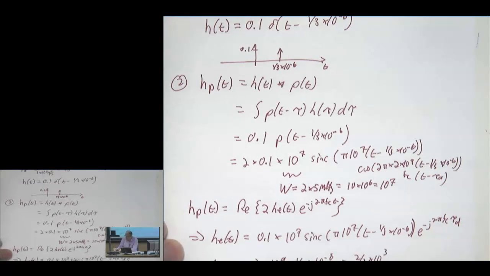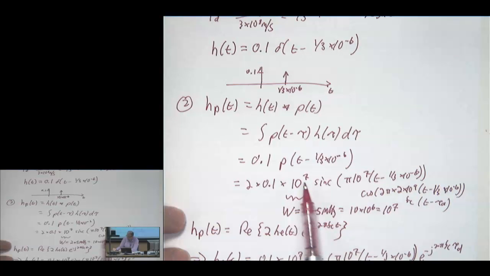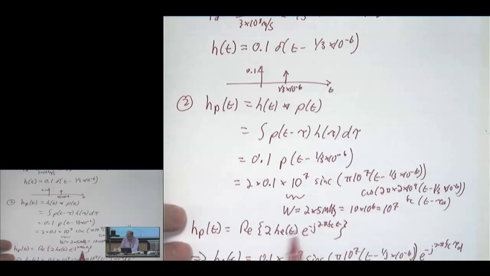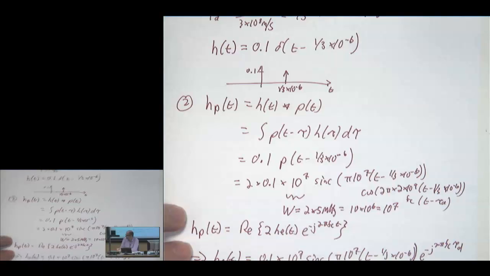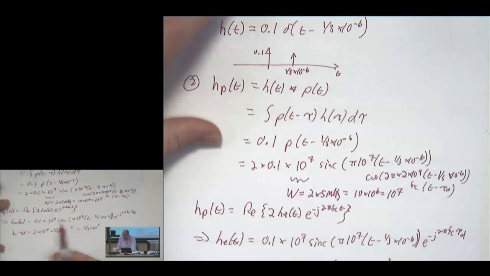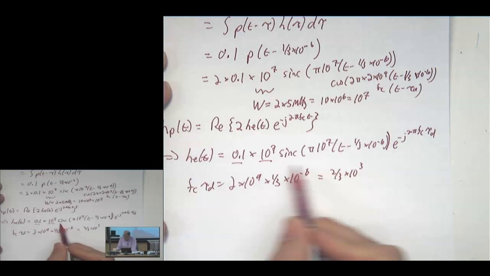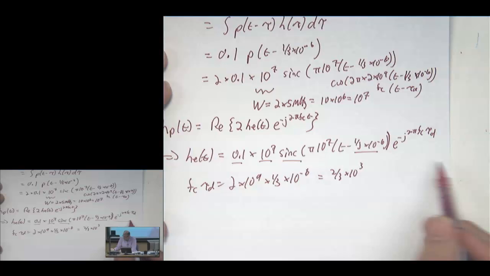So this is basically just a little trick that I use mostly because I've seen this before. But when you have this real thing multiplying a cosine, you can match and figure out that if I have the real part of something times a complex exponential, that's real. And this is how it works here. So this is our complex baseband equivalent channel. So note we have the 0.1, the bandwidth, the sinc function, the time delay, and we have a little phase shift here.